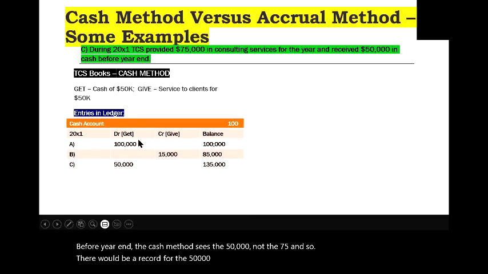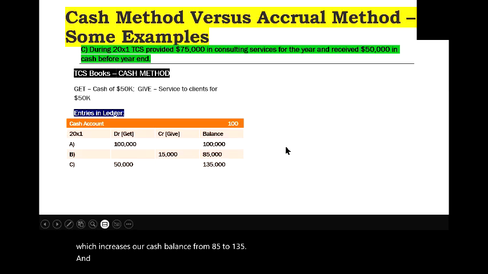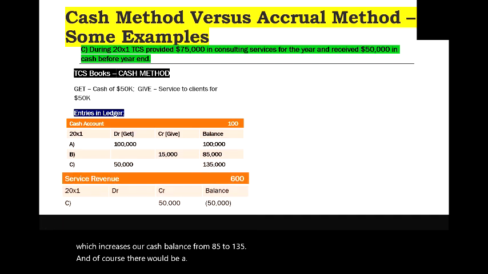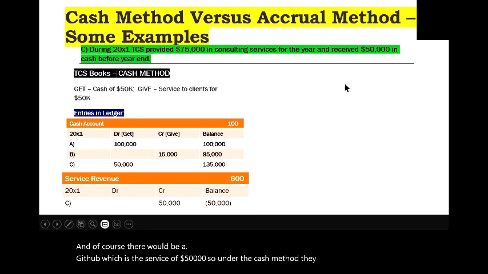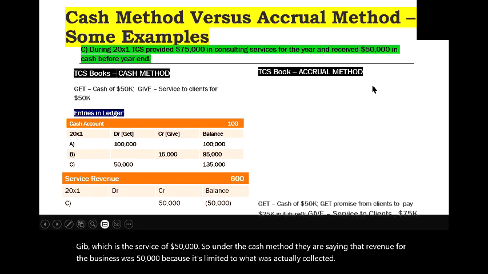Cash would be debited because that's a get of 50,000, which increases our cash balance from 85 to 135. And of course, there would be a give, which is the service of $50,000. So under the cash method, they are saying that revenue for the business was 50,000 because it's limited to what was actually collected.